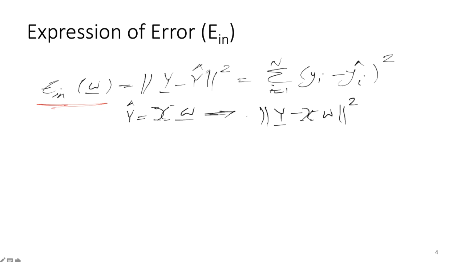If you expand this, it's a summation of i from 1 to n of y_i minus y hat_i to the power of 2. If we present it in a vector format, the notation would be this.